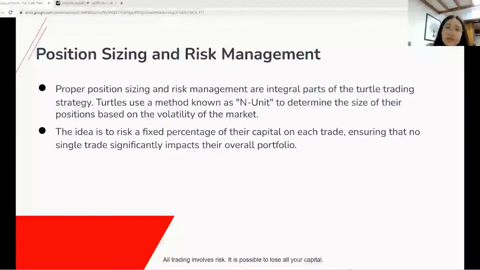Turtles use a method known as the N unit to determine the size of their positions based on the volatility of the market. That's what we mentioned earlier. The idea is to risk a fixed percentage of their capital on each trade, ensuring that no single trade significantly impacts their overall portfolio.